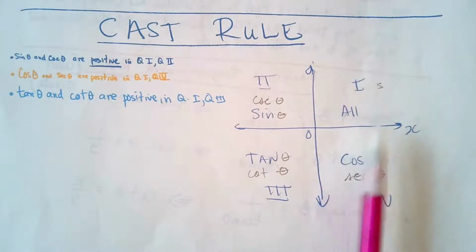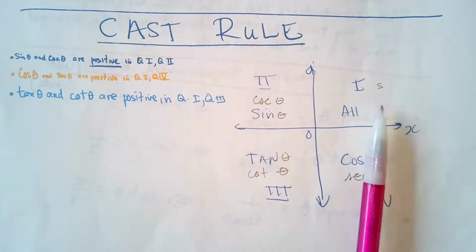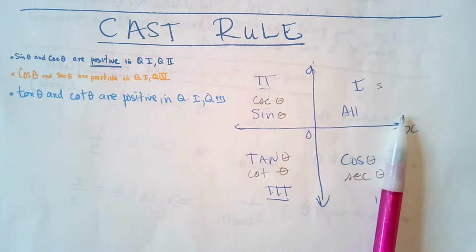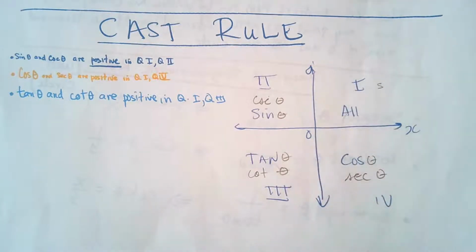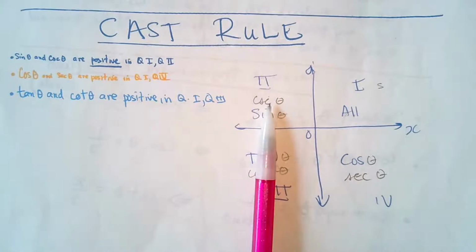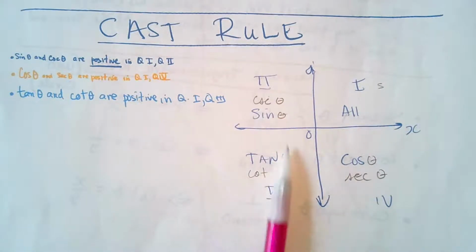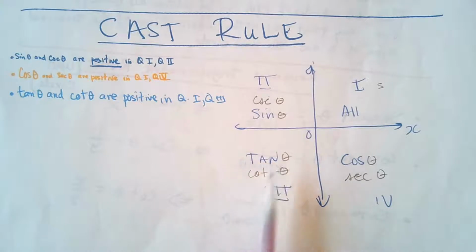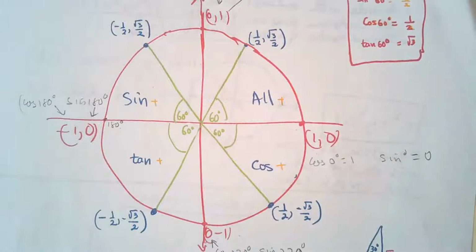Quadrant 1, all of the trig ratios are positive. Sine, cosine, tangent, cotangent, cosecant, and secant are all positive here. Quadrant 2, only the sine and its reciprocal cosecant are positive. In quadrant 3, only the tan and cotangent are positive. So we'll be utilizing these facts.